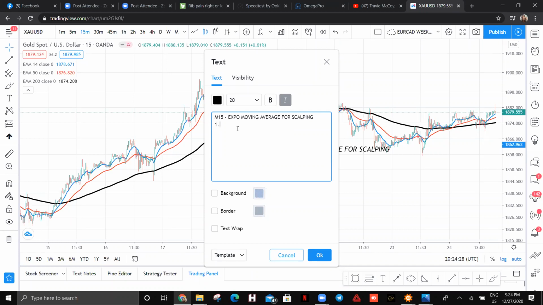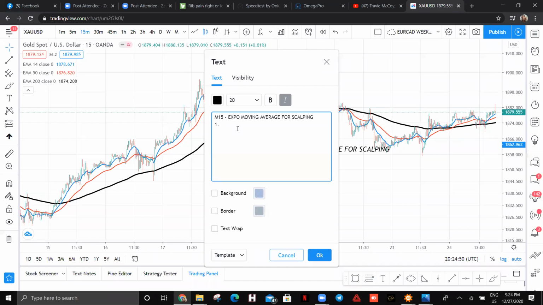This strategy is simple. For you to take your trade, your entry point is you have to wait for the 14 to cross above or below the 50 moving average for you to take either a buy or sell. Now remember that we are looking for a buy opportunity for this.